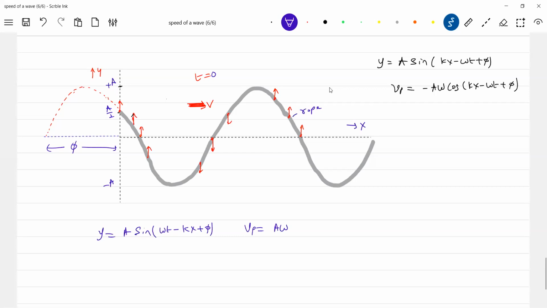Differentiating this, we get A omega cos of omega t minus kx plus phi. We'll directly go for t equals 0. At t equals 0, the condition will be y equal to A sine phi here.